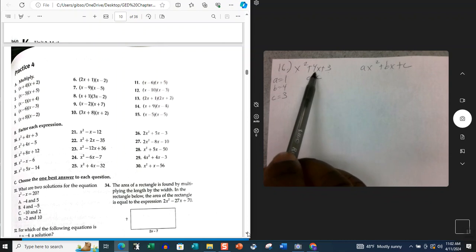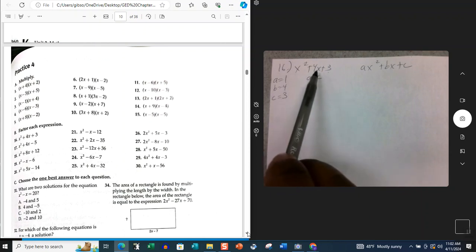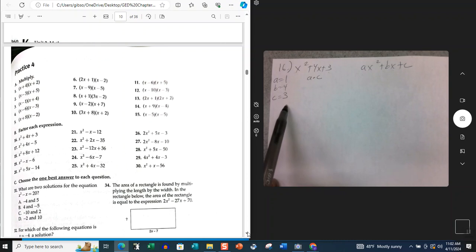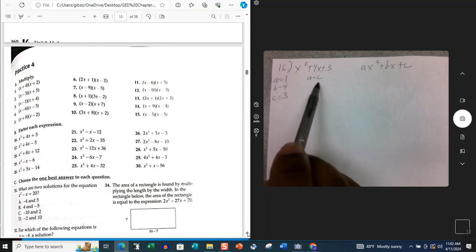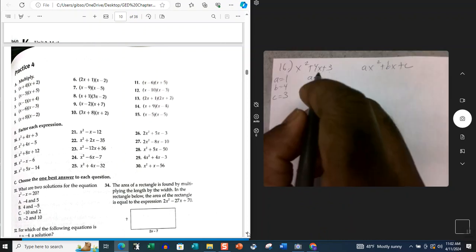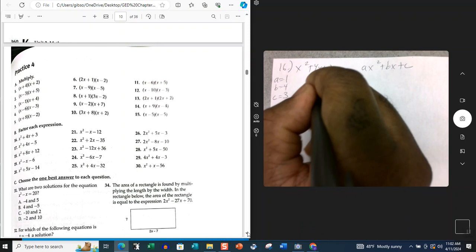The variable to the first power is second, and then the term without the variable is third. Second, you factor out whatever they may have in common besides positive 1. Third, you list your a, b, and c. And then fourth, you multiply a times c. Now you can rewind this or pause it and go back and start listing them if you need to. So a times c is 1 times 3, which is 3.